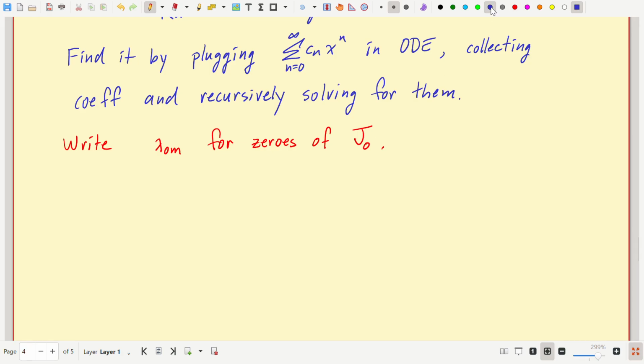And then when we repeat this process for all the other values of n, we're going to get, let's see, I want to call it R0 of R.